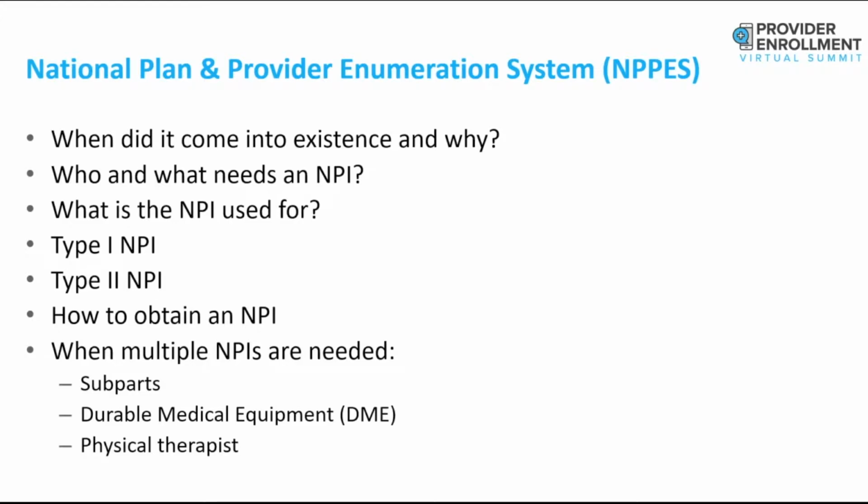Previously, every payer had its own identifier for each provider or supplier, which made it difficult and inefficient to submit healthcare transactions. So if you recall, and in some cases still to this date, payers still have provider identifiers. They still can use those, but they cannot be required on a transaction or claim going forward from the date when the NPI became effective, or they had to comply with it, which was May 23, 2007.